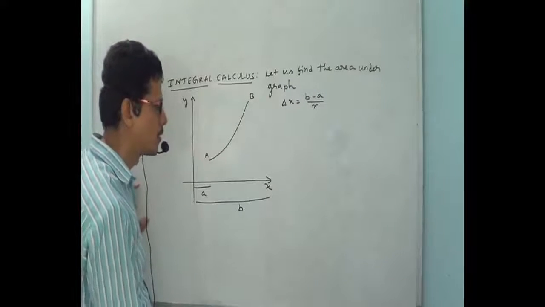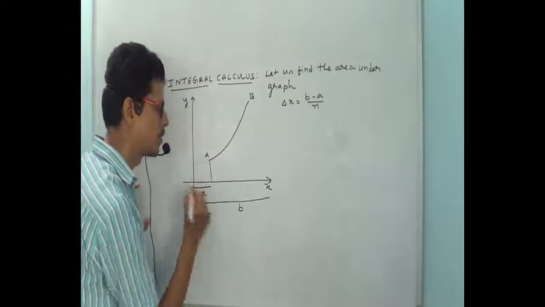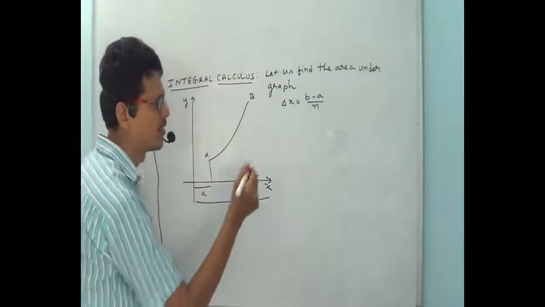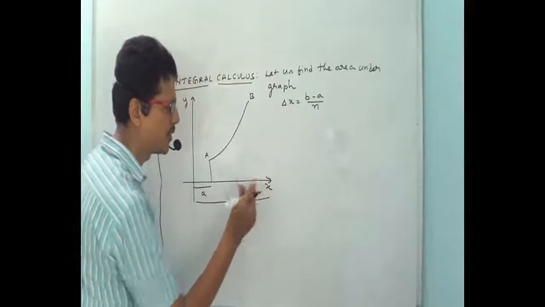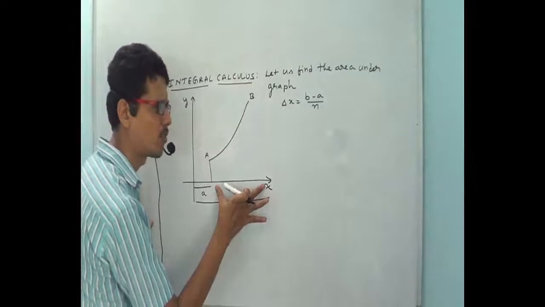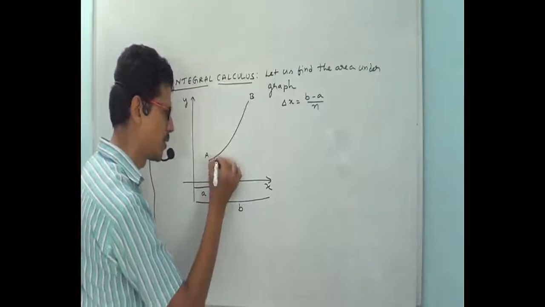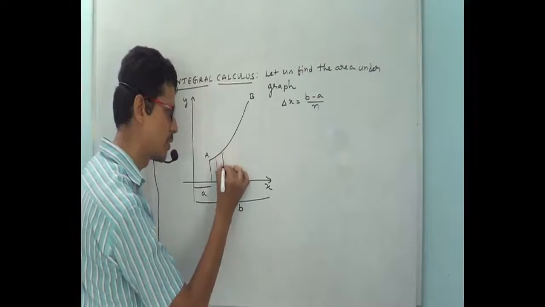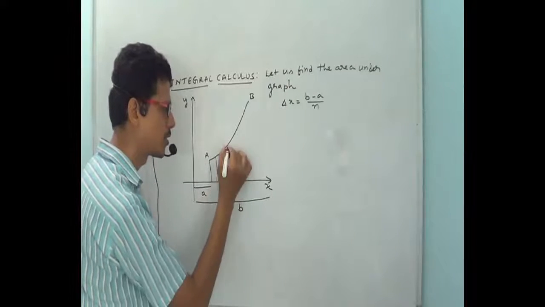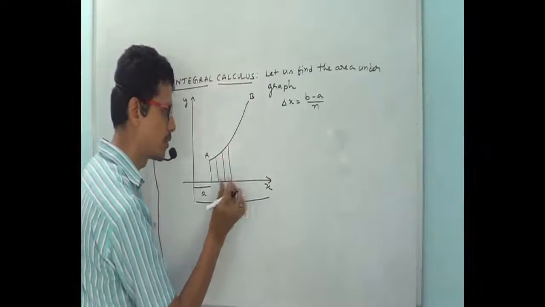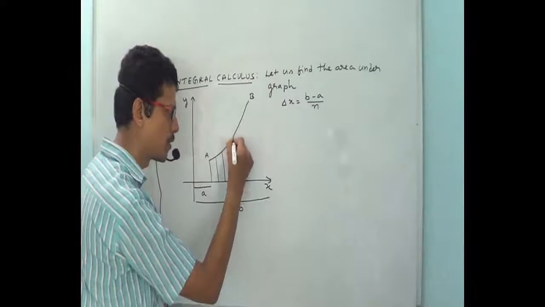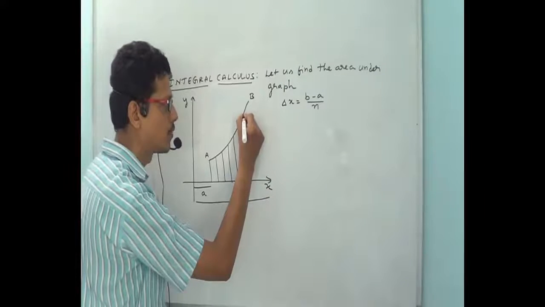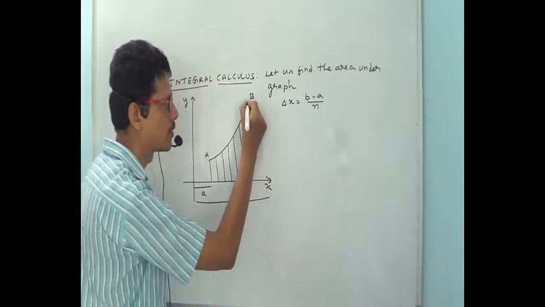These are the equal intervals. Split this entire part into equal intervals of delta x length, then draw straight lines joining this. Delta x is the width of each segment here. Like this we draw n number of lines.